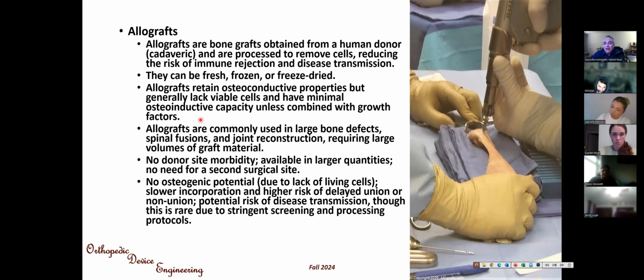They can only induce new bone formation and serve as osteoconduction. They provide osteoinduction and osteoconduction, but they don't have any osteogenic capacity. And also, since they come from another person, the risk of disease transmission is higher.